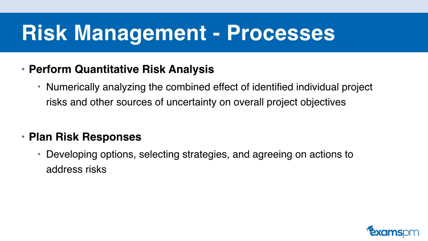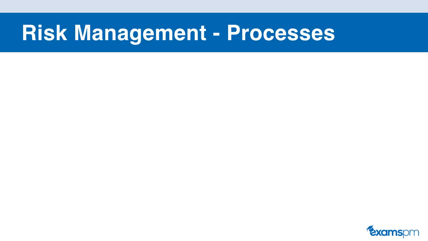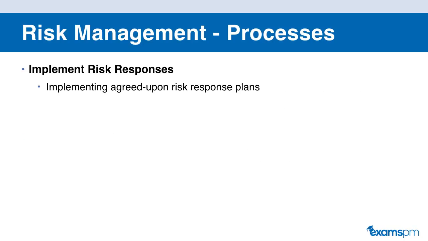A risk could be a positive risk, which is also called an opportunity, or a negative risk, which is called a threat. Once we have decided upon our risk responses, we are now ready to implement them if the risk does become an issue. So once the risk actually occurs on our project, we will implement the agreed upon risk responses that we have just planned.